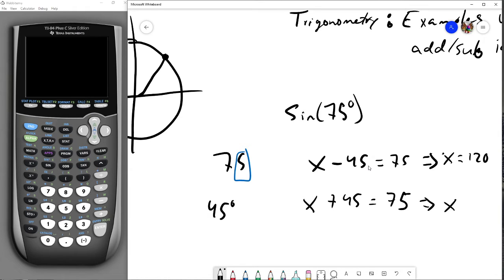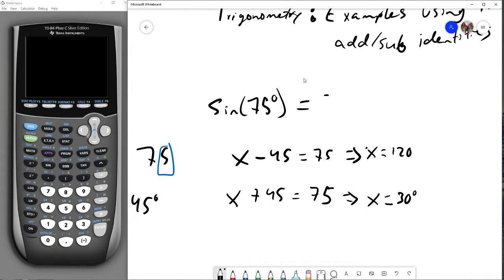In this case, for the bottom, x equals 30. So there's really no right or wrong way of thinking about it. We could think of sine of 75 degrees as sine of 120 degrees minus 45 degrees. Or you could think of it as sine of 30 degrees plus 45 degrees.